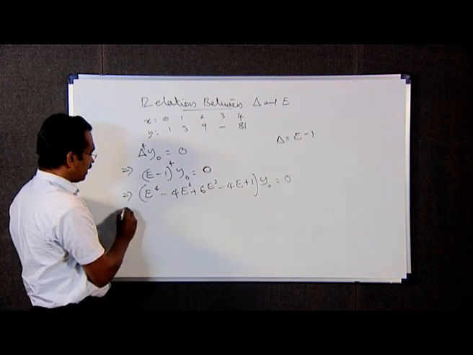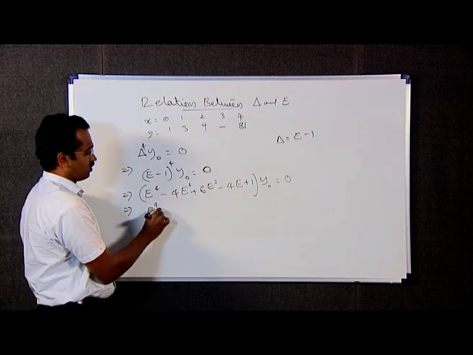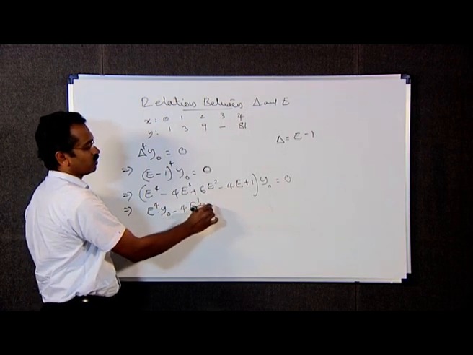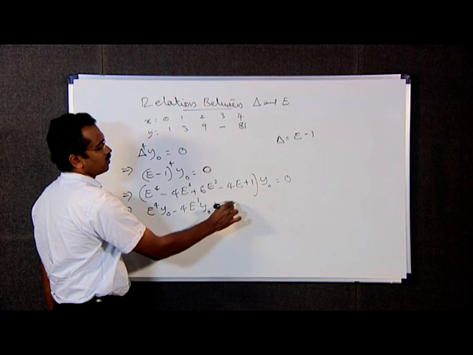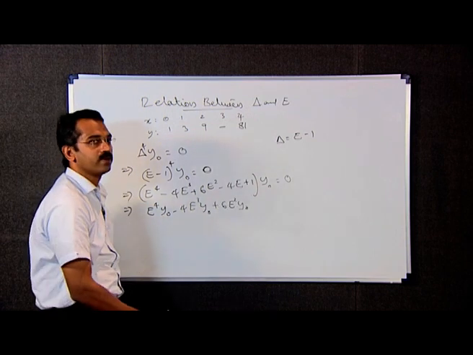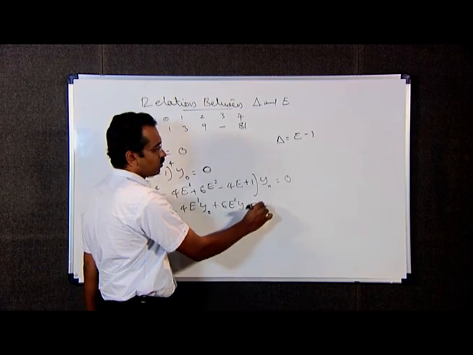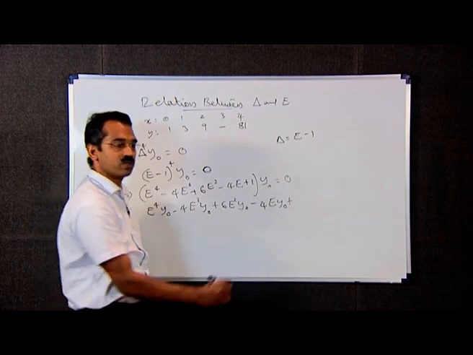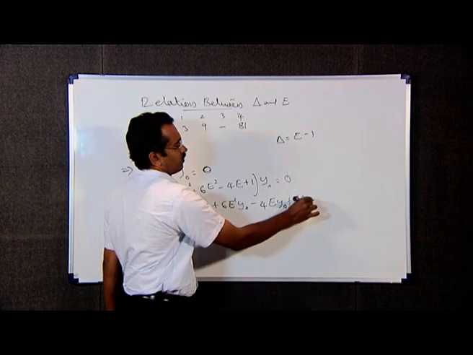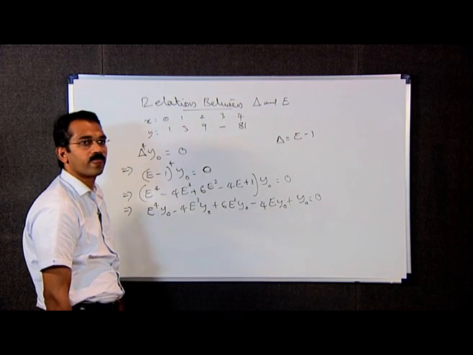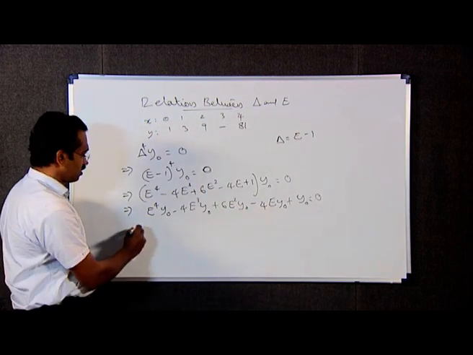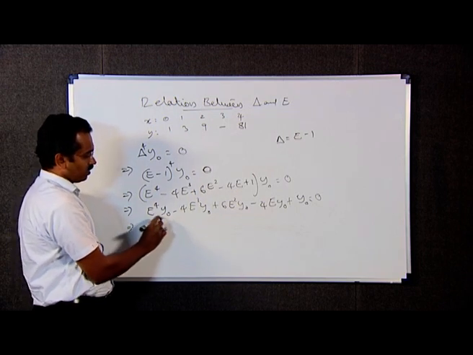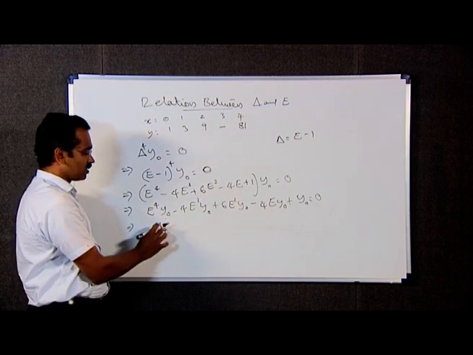Which gives E raised to 4 y naught minus 4 into E cube y naught plus 6 into E square y naught minus 4 into E y naught plus 1 into y naught is equal to 0. That is, E raised to 4 y0 means y4.